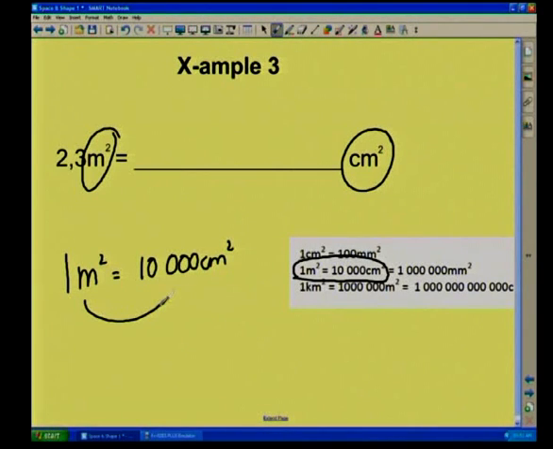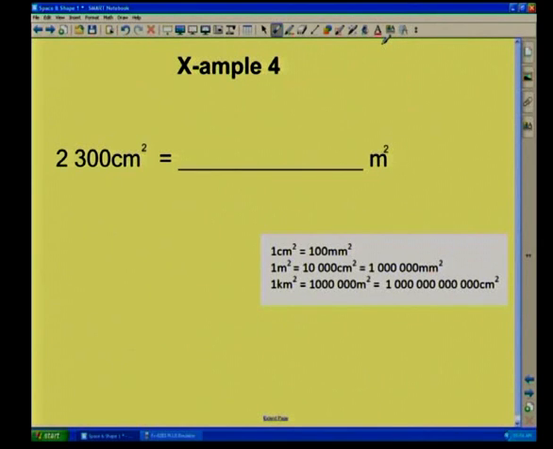So we need to times our answer by 10,000. So I'm going to take 2,3 and times it by 10,000 to get 23,000 centimeters squared.